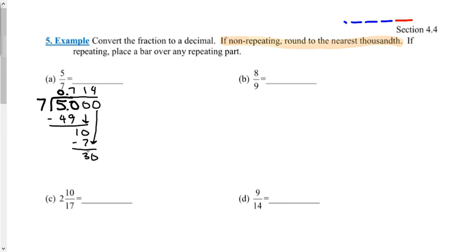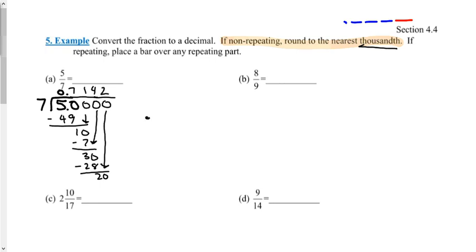Okay, so now this is the thousandth place right now, right? And now I bring the next one down because we have to check and see about the 10,000th. If it says round to the nearest thousandth, we have to go out to 4 decimals so that we can then round to 3, okay? 7 goes into 20 just 2 times here.